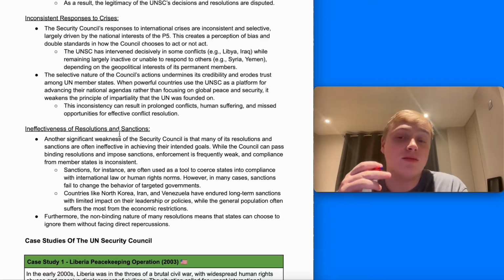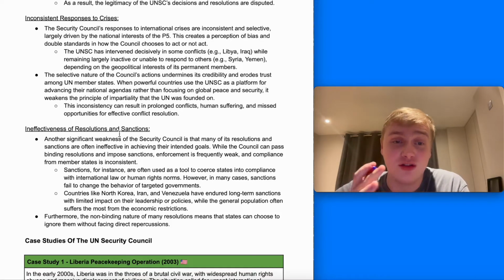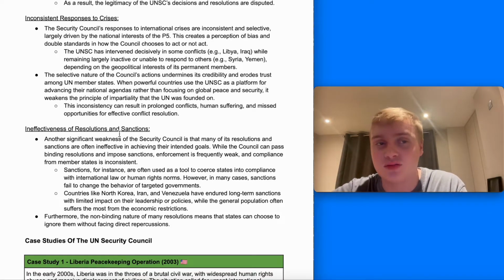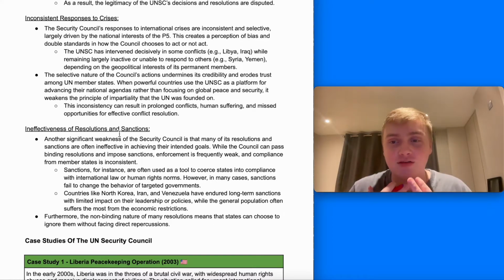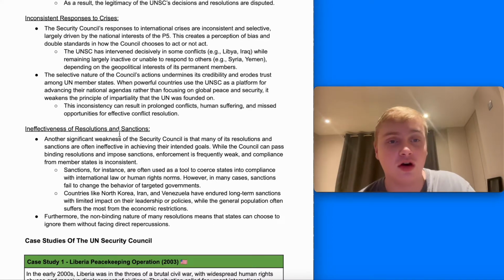There's also been, in large part due to this gridlock and the veto, a really inconsistent response to global crises, largely driven by what's in the geopolitical interests of the P5 members. This creates a real perception of bias and often means inaction and a lack of certainty about whether the UN Security Council is going to be able to do anything.